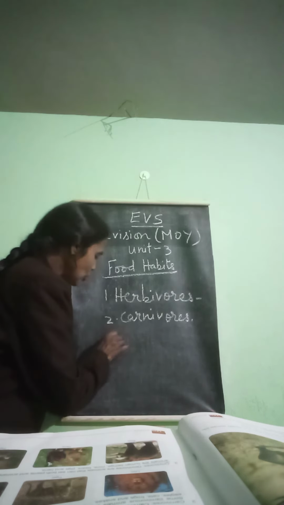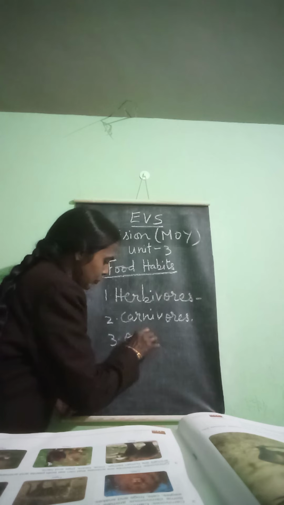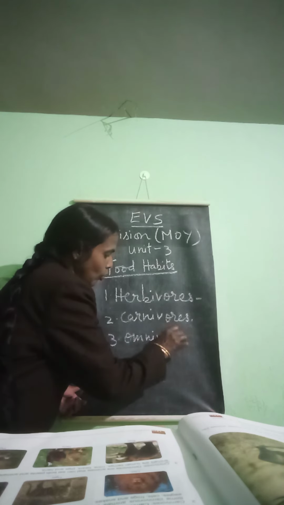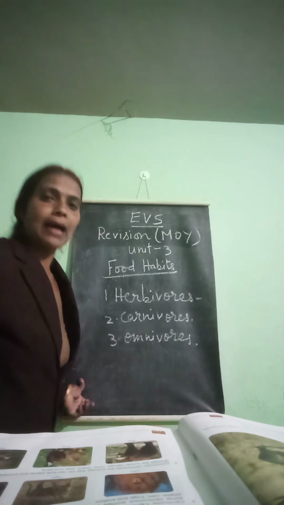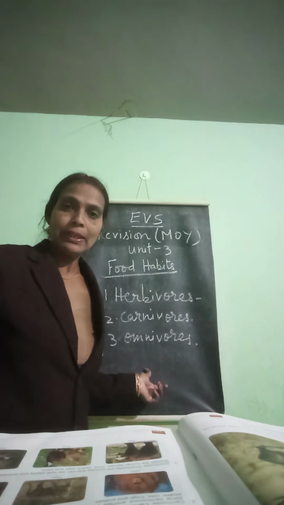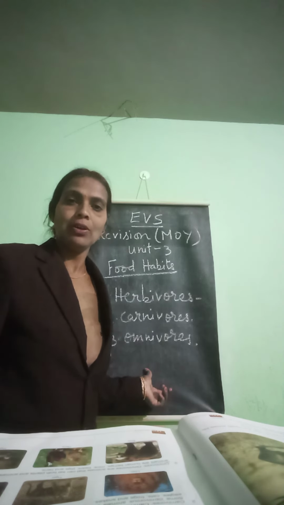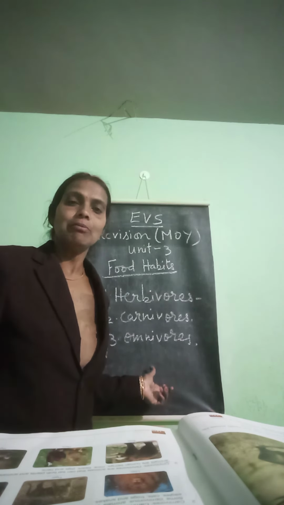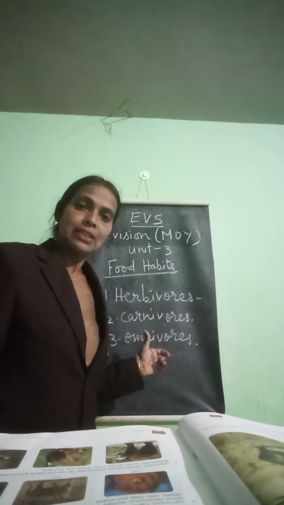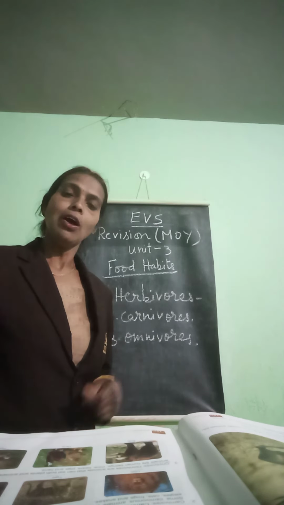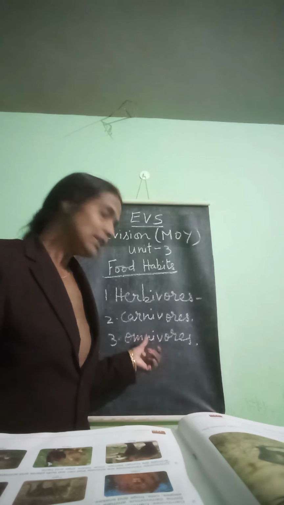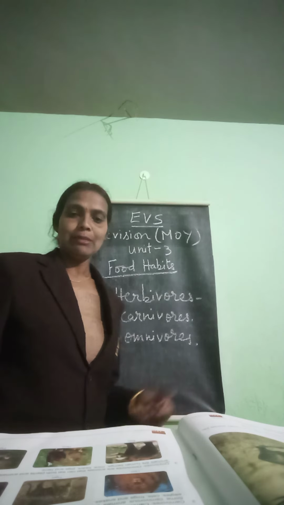Then third one is omnivores. Omnivores eat both plant and animal, like pig, hen, crow, monkey. Even human beings are omnivores because they can eat plants as well as animals.